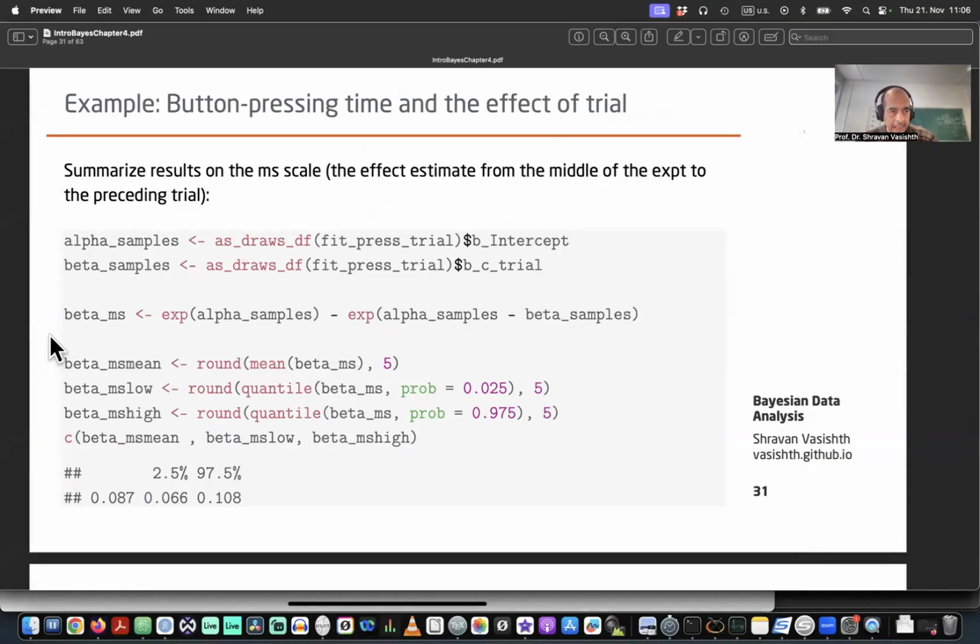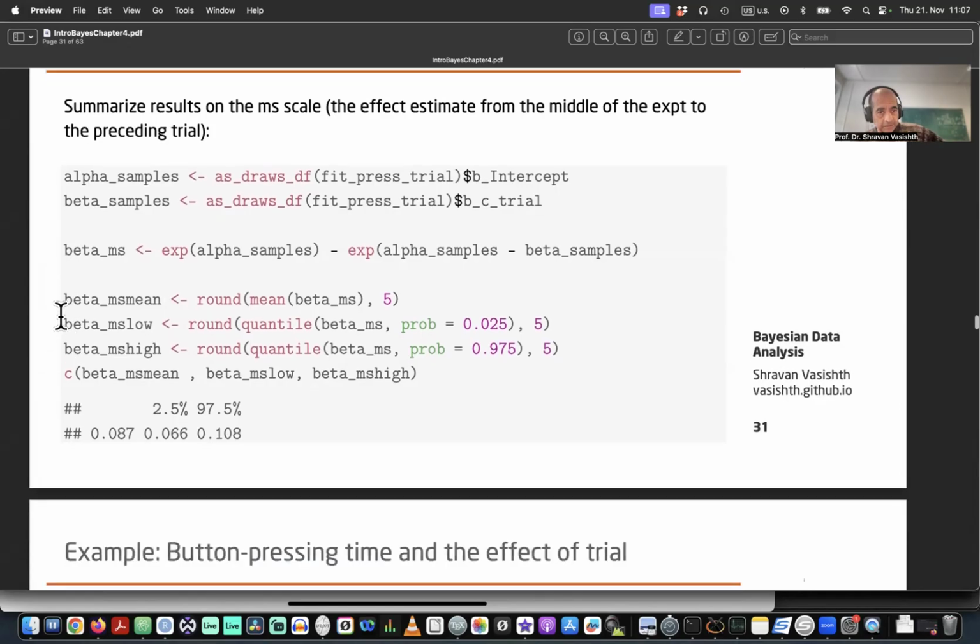So this back transformation is giving me, on the millisecond scale, the effect of transitioning from one trial ID to the subsequent trial ID, where the subsequent trial ID is the mean trial ID in the centered column for centered trial.